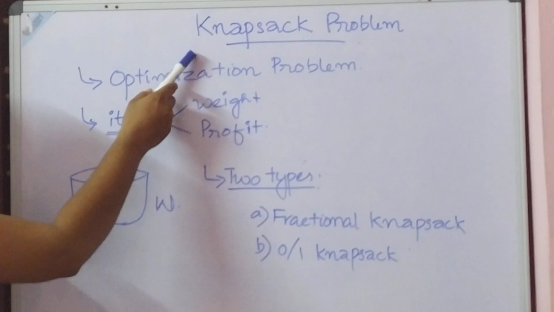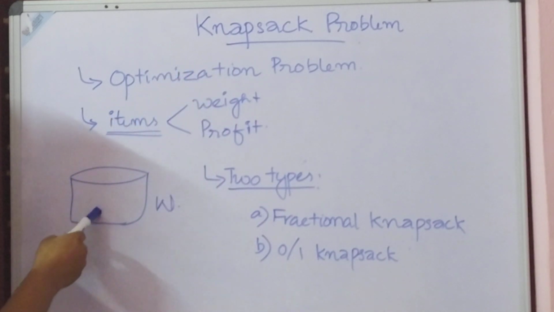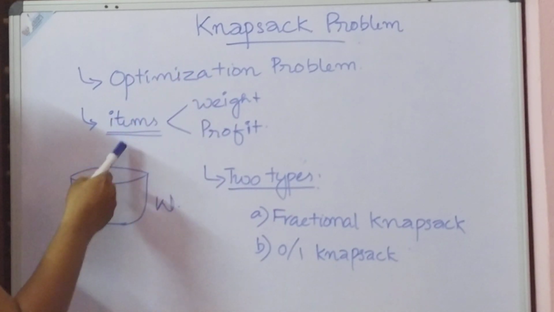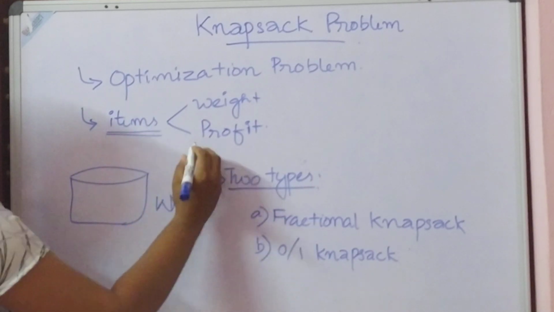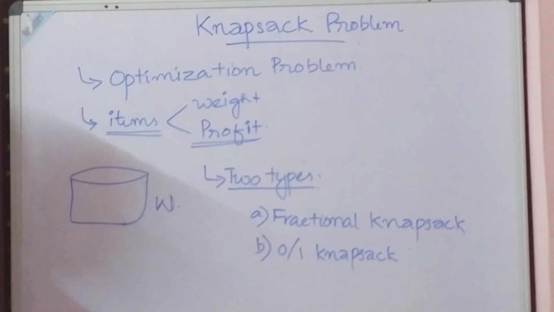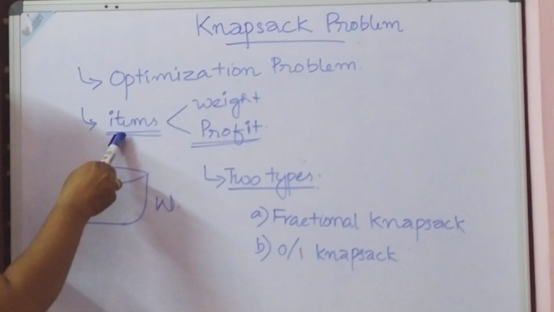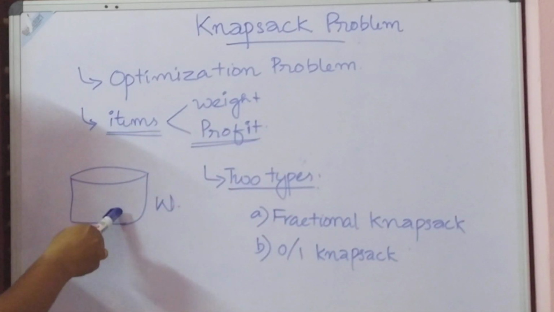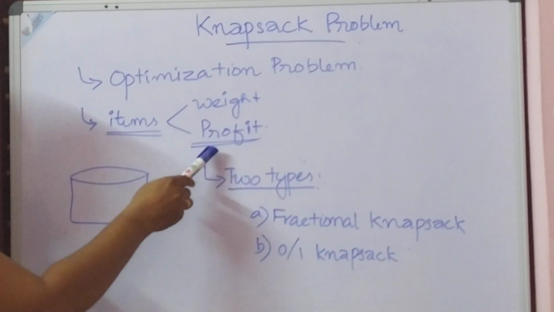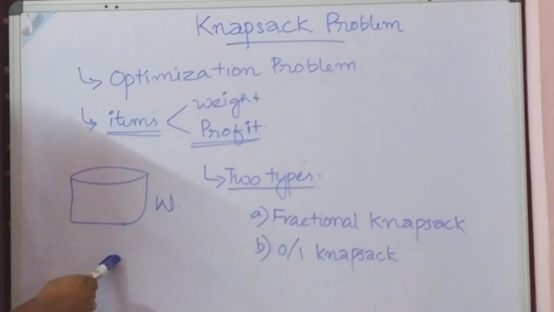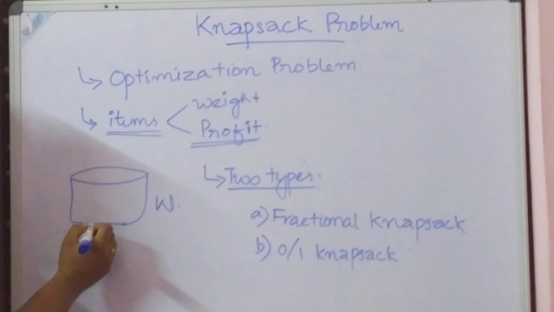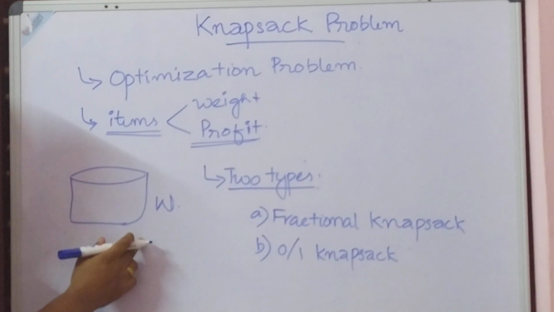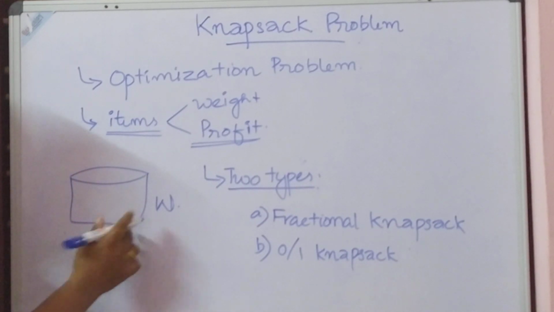So what does this problem say? This problem says that we can fill the knapsack with these items with an aim to maximize the profit. But there is a constraint. What is the constraint? The weight of the selected items should be less than or equal to the total weight of the knapsack.